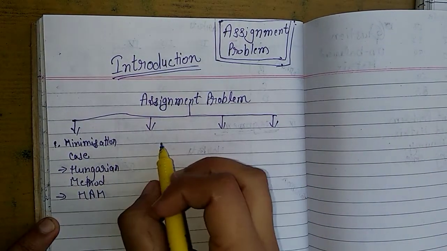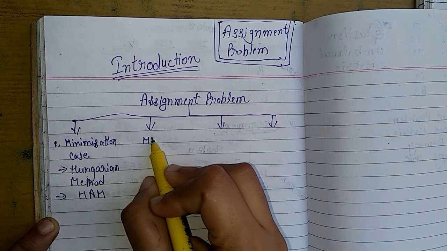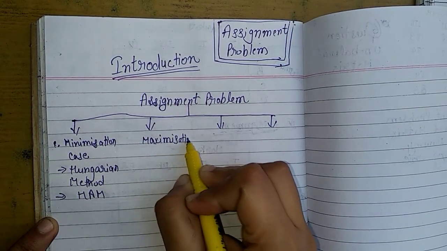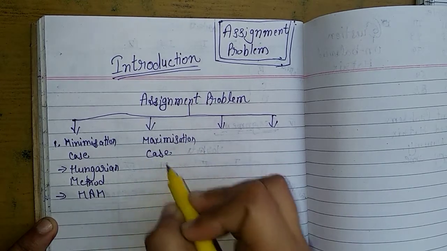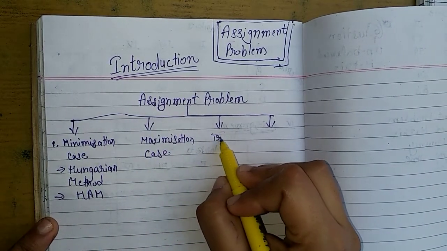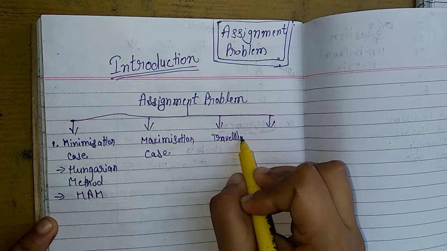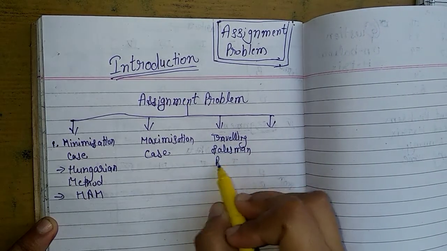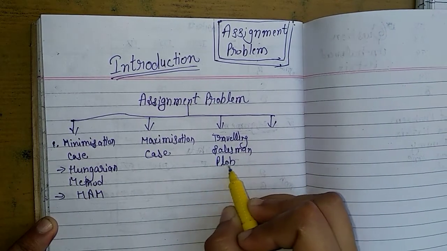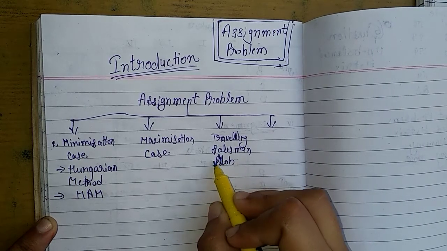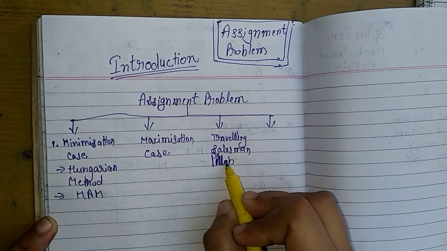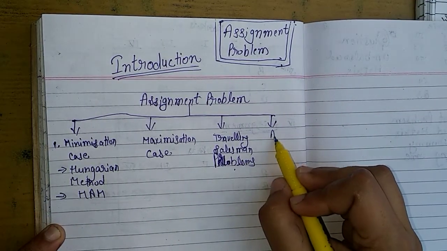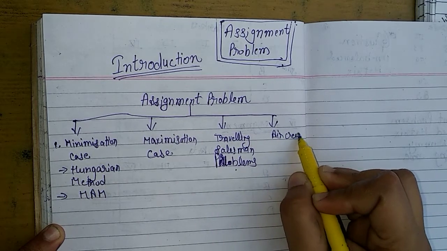And second method is maximization case. And third one is traveling salesman problem.